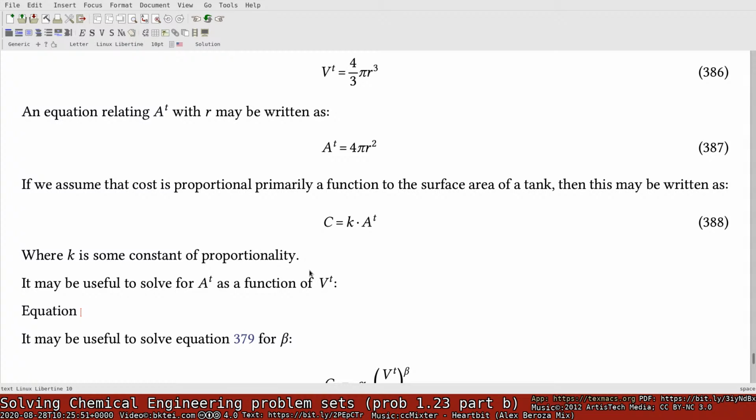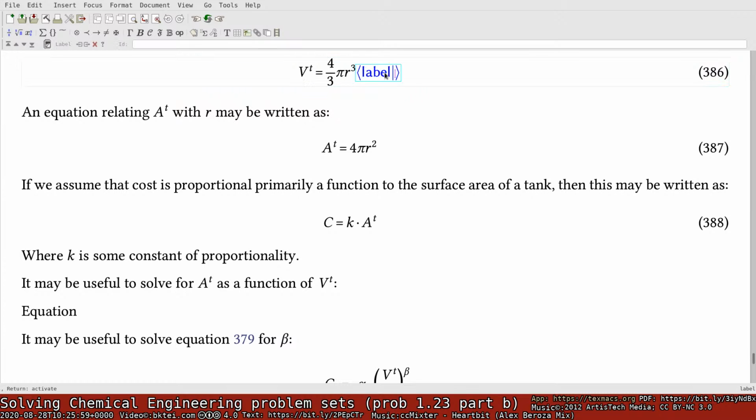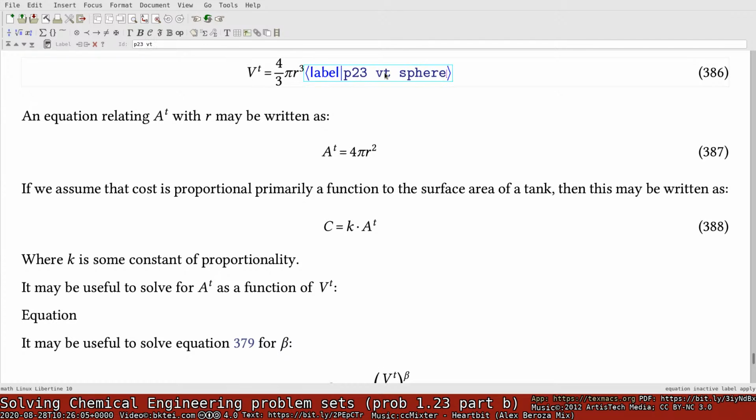Equation. So this one is the total volume of a sphere, so let's label it as such. Problem 23, Vt sphere.